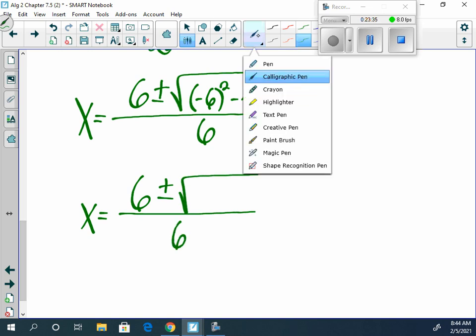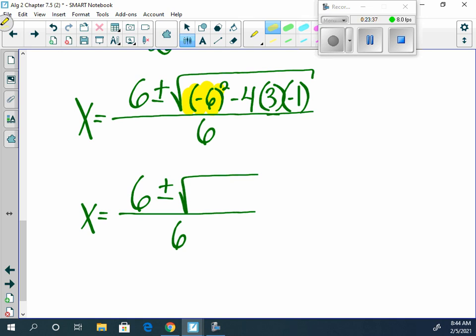All right, highlighter. Now at this point here, we can plug all of this here into the calculator. Parentheses around the negative 6 squared minus 4 times 3 times negative 1. So it's going to be 36 plus 12 is 48.